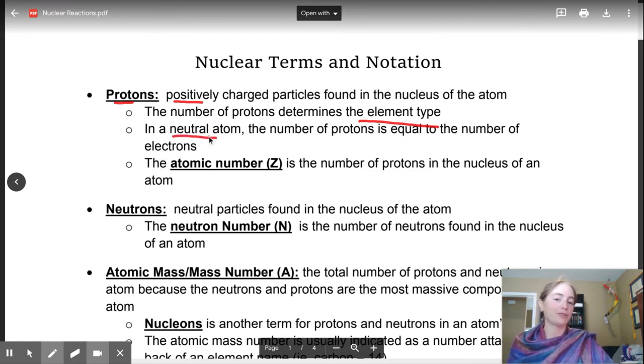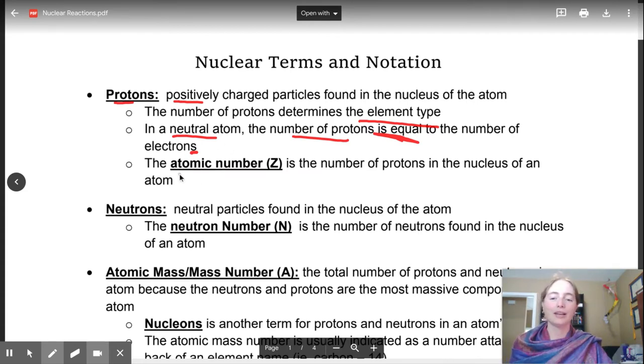In a neutral atom, so something that is not an ion, the number of protons is equal to the number of electrons. Back to chem, when you lose electrons in a redox reaction or an ionizing reaction, you wind up with a positive charge when you lose them or a negative charge when you gain them.